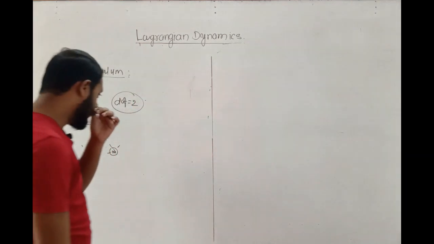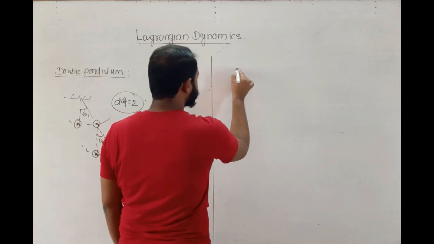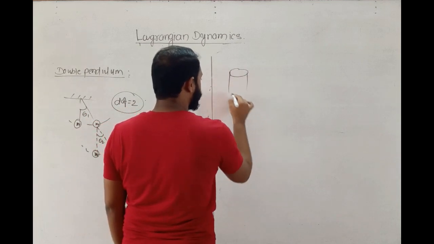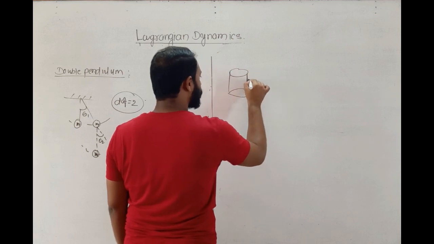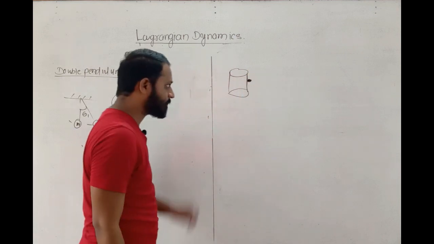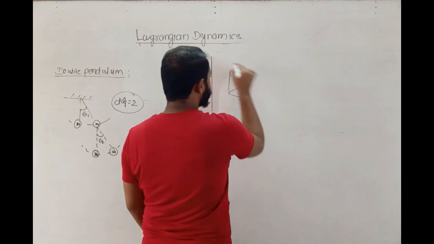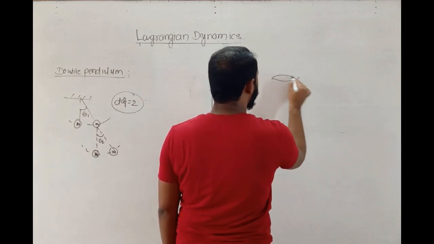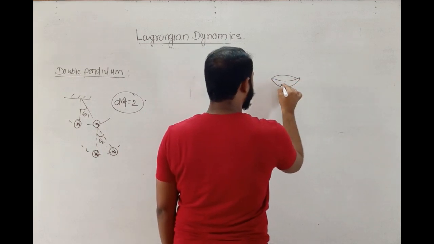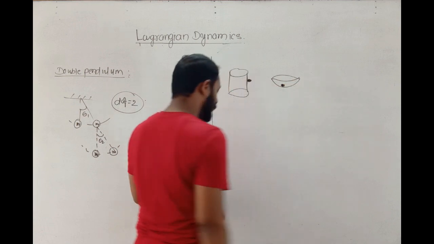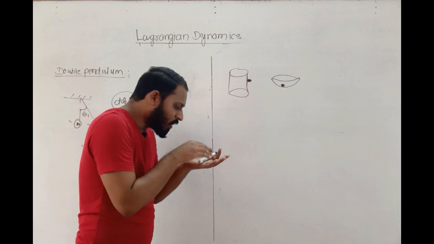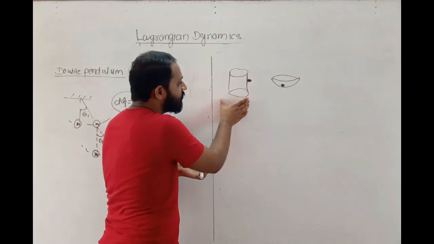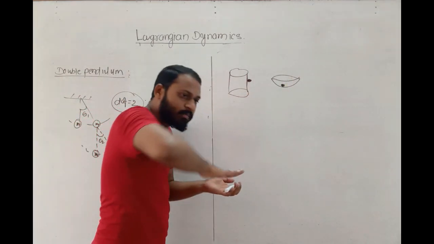Now see, we are considering a cylinder, and the particle is moving on this cylinder. And we also consider the bowl. There is a particle inside this. Now see, this particle is moving on the surface of the cylinder and on the inner surface of that bowl.